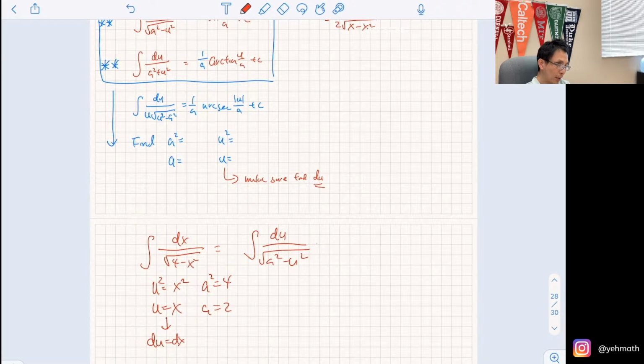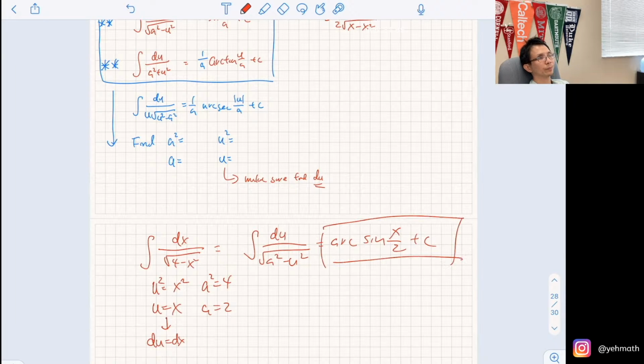In this case, it's going to be arc sine of u over a, which is x over 2, plus c. And that's it. Done deal. Does that make sense?